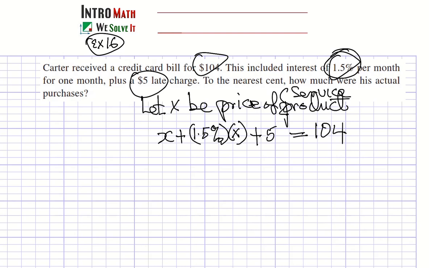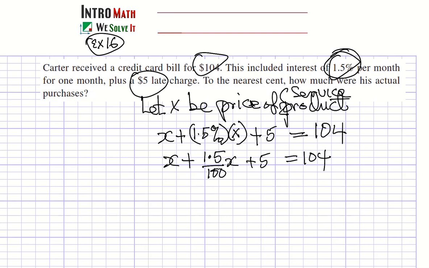I'm gonna have to get rid of that fraction. So it's gonna be X plus 1.5 over 100 times X, plus 5 equals 104. You see that, right?